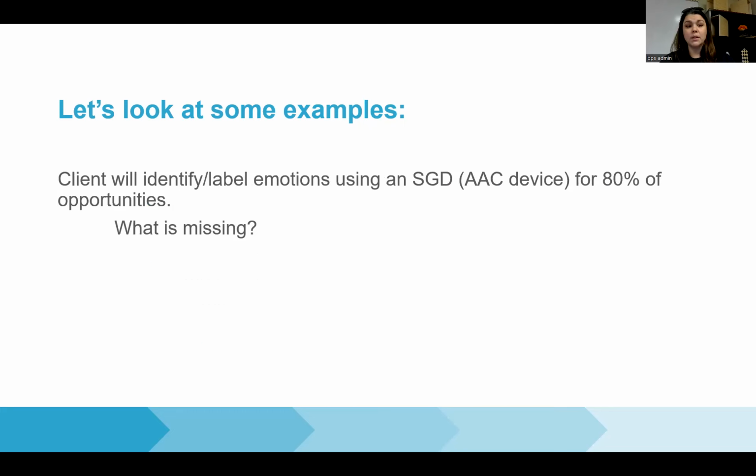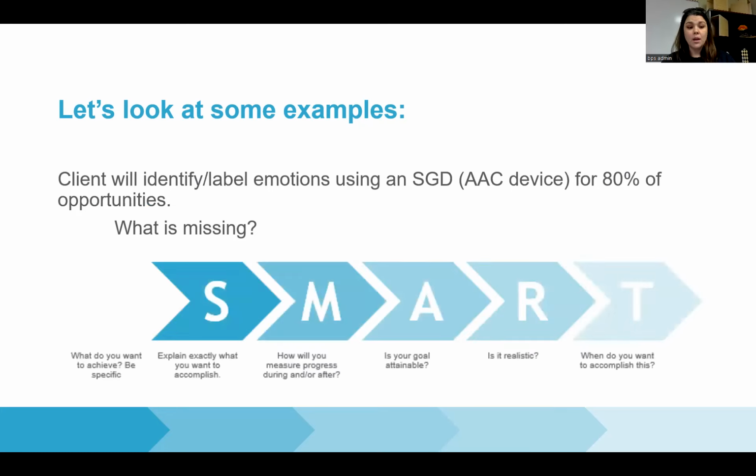Okay, let's look at this one. The client will identify and label emotions using a speech generating device, or their AAC device, for 80% of opportunities. What do we think is missing? Again, we're going to go back to our SMART goal. Do we know what we're trying to get them to do? Yeah, label emotions. Do we know exactly what we want them to accomplish?